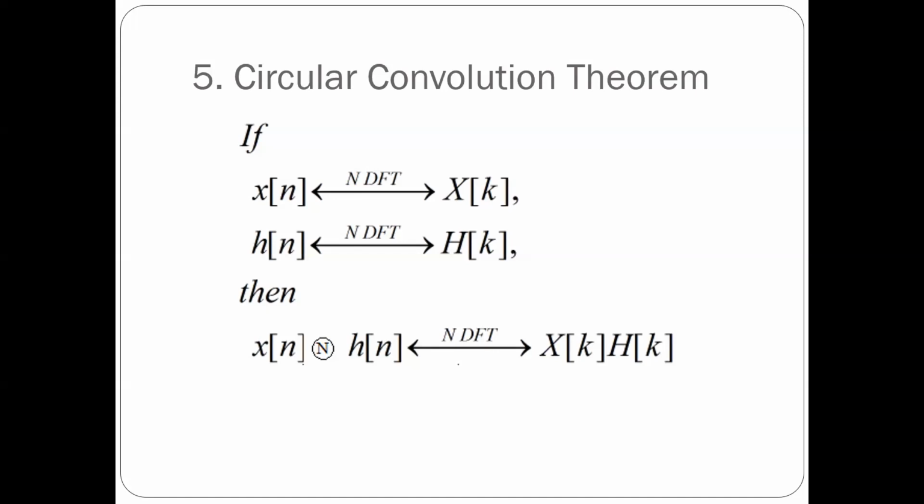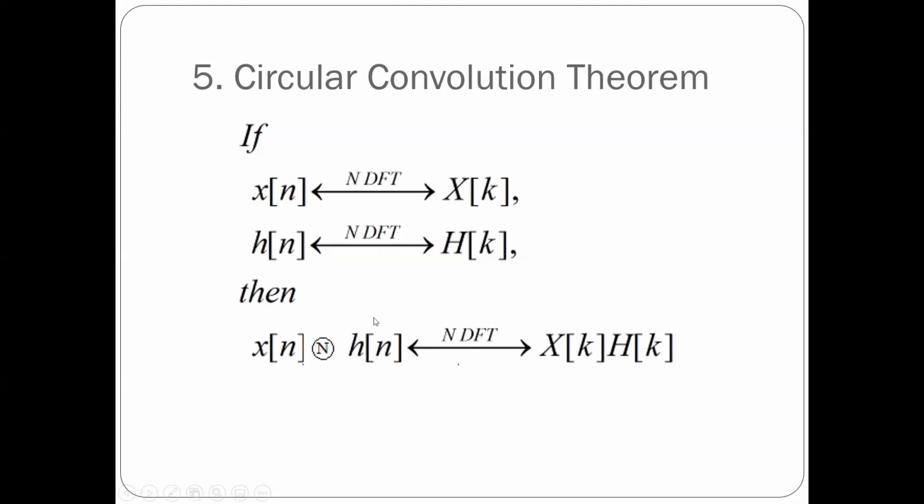Then the N-point circular convolution of x of n and h of n will have an N-point DFT given by X of k into H of k. So the circular convolution in the time domain becomes a product, that's a multiplication, of the individual discrete spectra in the frequency domain.